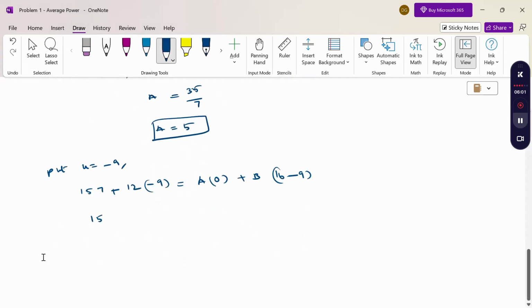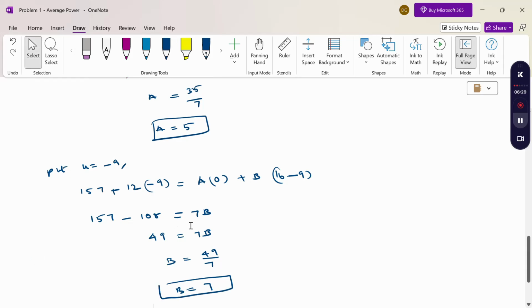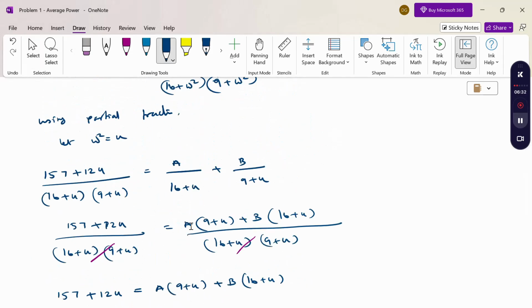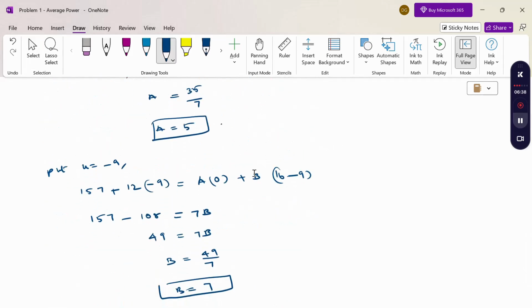Therefore, 157 minus 108 equal to B into 7, as 16 minus 9 is 7. So 49 equal to 7B, B equal to 49 by 7, B is 7. So the A value is 5 and the B value is 7, to substitute into equations 2 and 3.